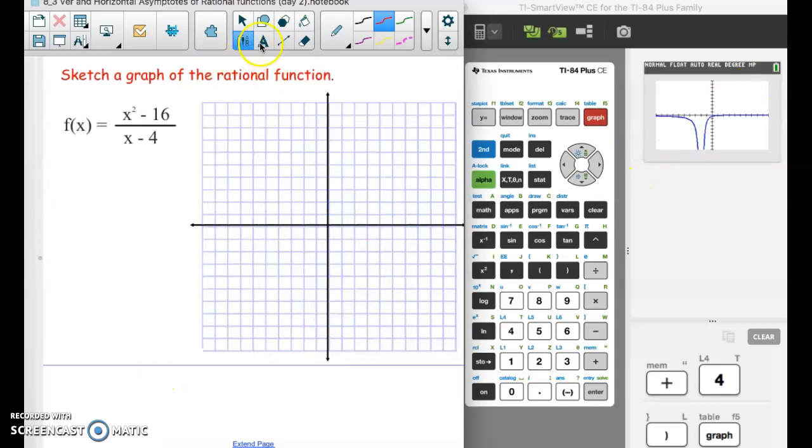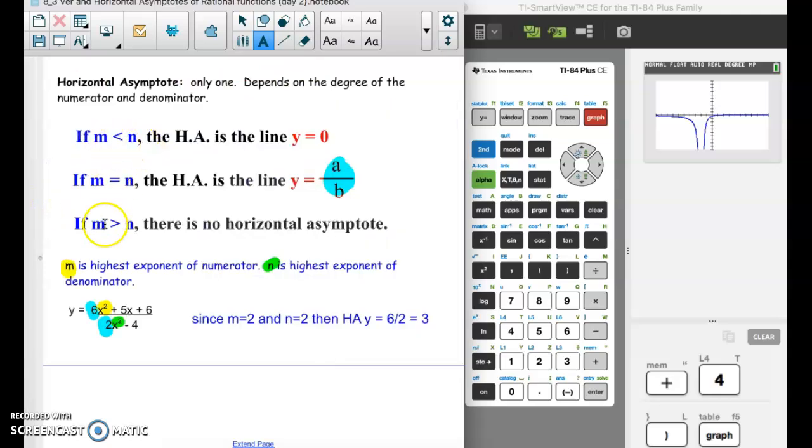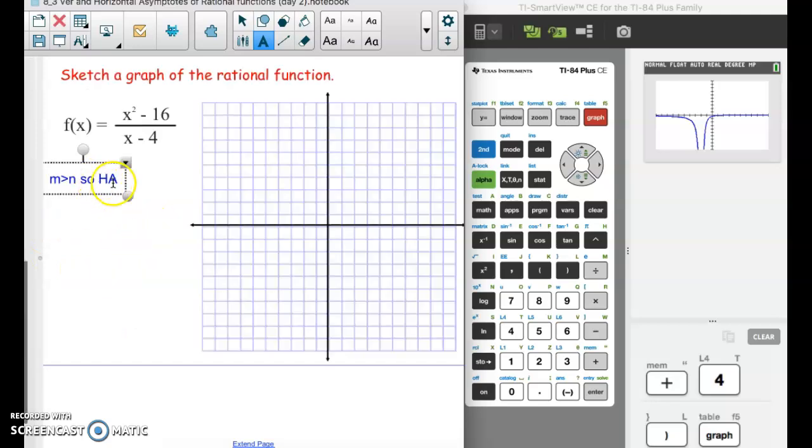All right, last one. Let's look for our horizontal asymptotes first. And in this case, m is greater than n because the top exponent is 2, the bottom exponent is 1. So we have a horizontal asymptote if m is greater than n. Oh, there's no horizontal asymptote. If we factor this to find our vertical asymptotes, x plus 4, x minus 4 in the top, and x minus 4 in the denominator.